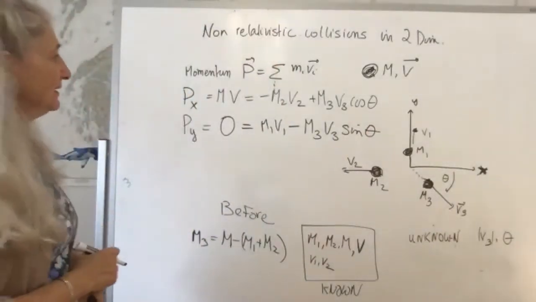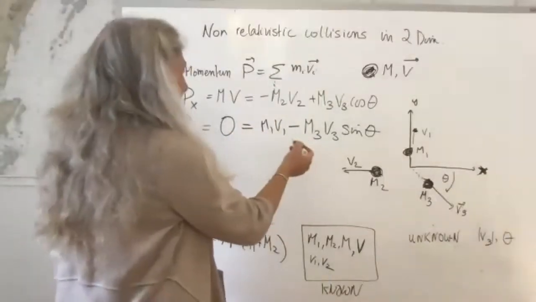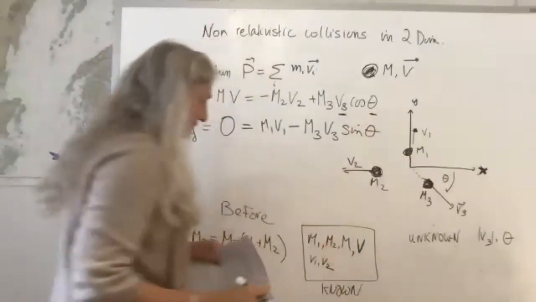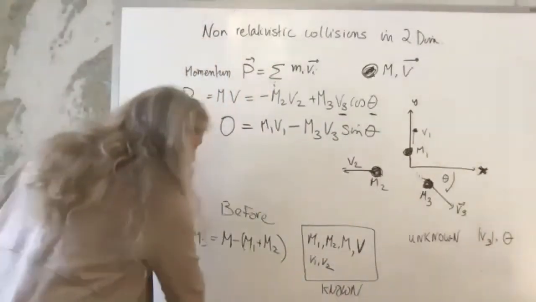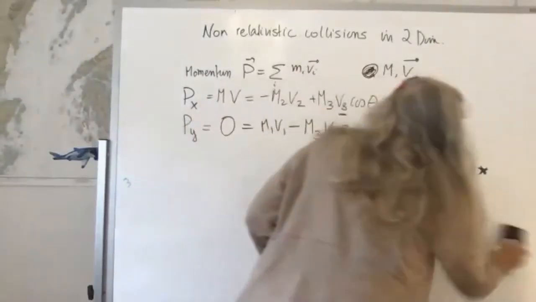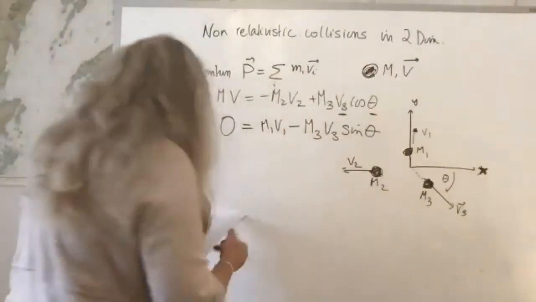That looks good. So we've got two equations now, and our unknowns are v3 and theta. So we can solve these for v3 and theta, because that's what we wanted to do.